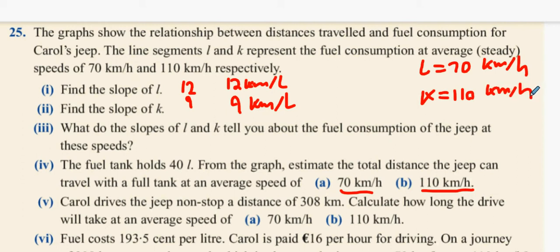Actually, that makes sense, doesn't it? You only get 9 kilometers per liter when you're traveling at 110, but you get 12 kilometers per liter when you're traveling at 70 kilometers an hour. When you're traveling slower, your car gets more kilometers to the liter. That makes sense? Yeah.